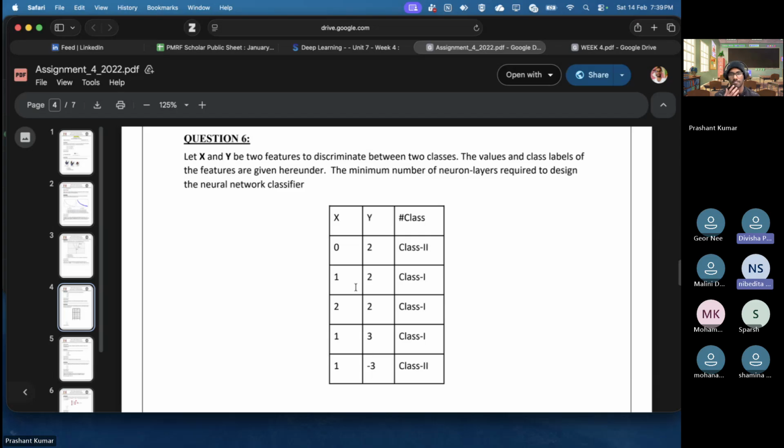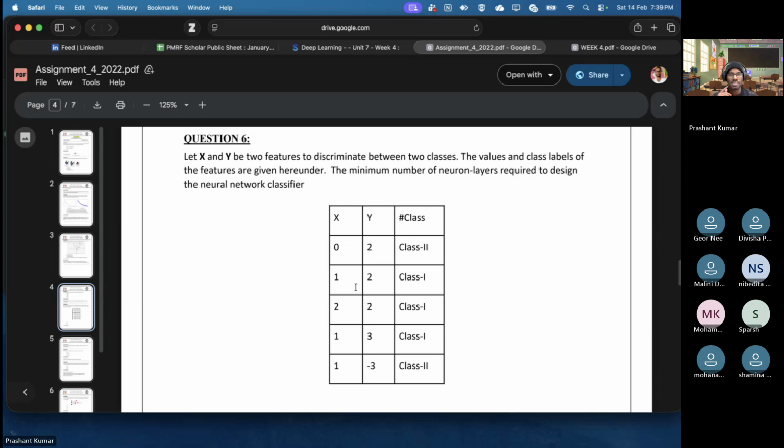One, three is class 1 and one, minus three is class 2. So I think one neuron should be sufficient, because you are able to classify using a line only, one line.